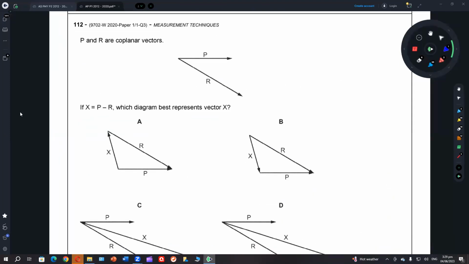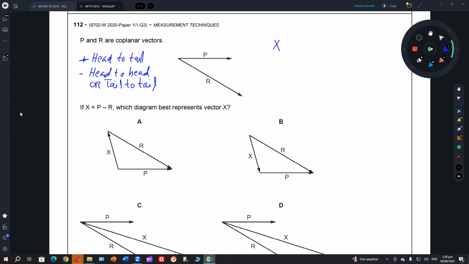P and R are coplanar vectors. Examiner says X is equal to P minus R. Plus and minus are different in this respect.